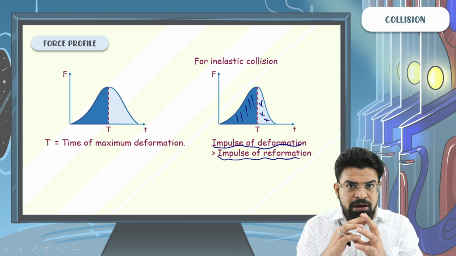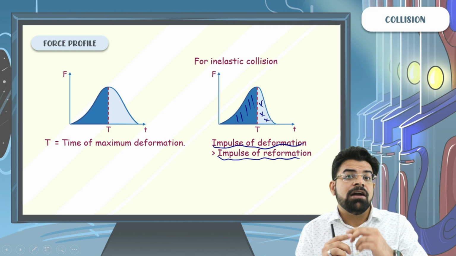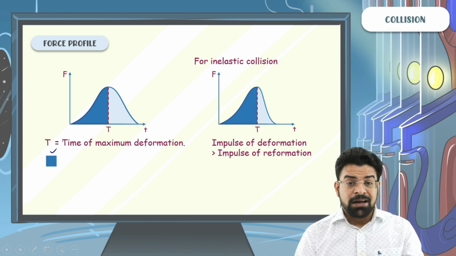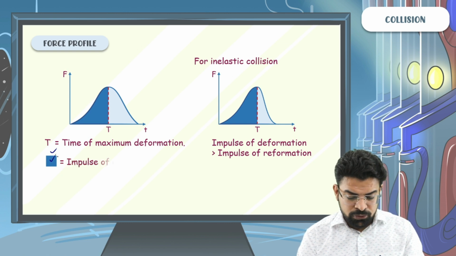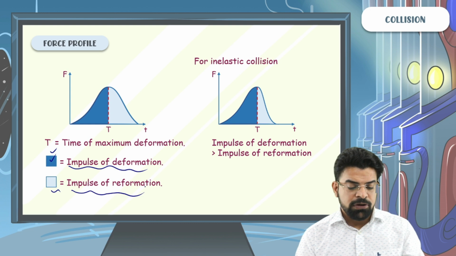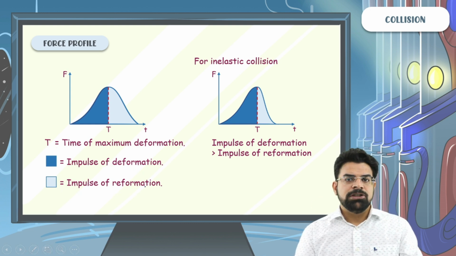So more area under the graph during the process of deformation and less area during the process of reformation. Here the darker blue represents impulse of deformation and the light blue represents impulse of reformation. Let's move on.